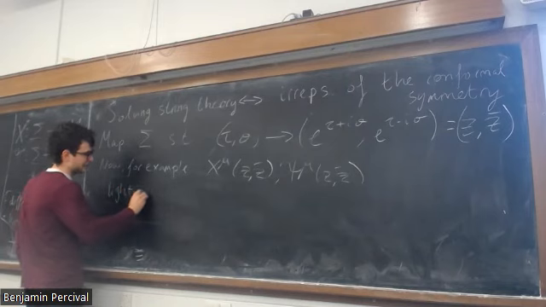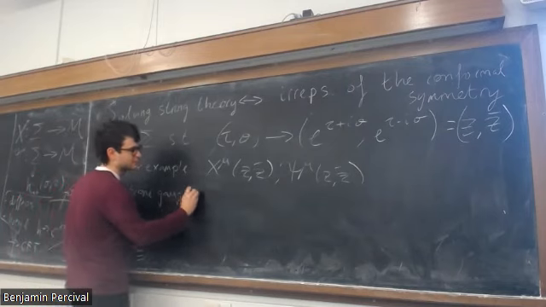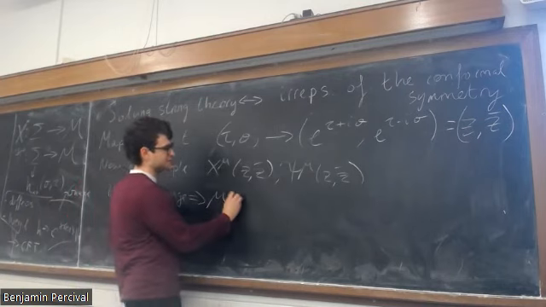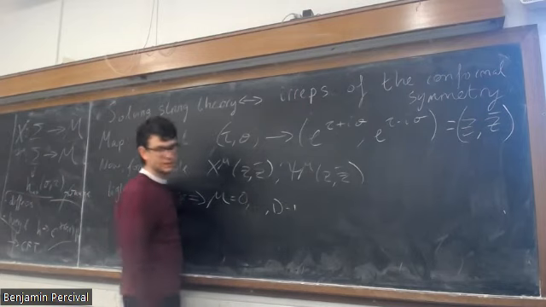So if we're in the light cone gauge, then mu goes from 0 to d-1.